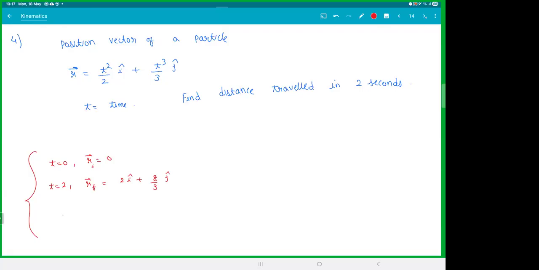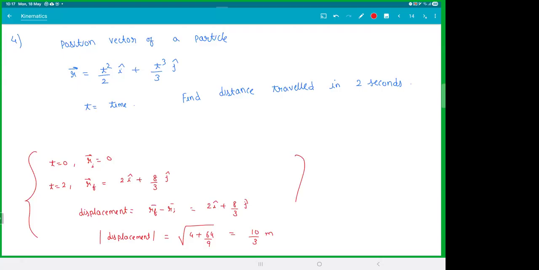So what you guys are doing is displacement, which is R final minus R initial, which is 2i plus 8 by 3 j. And you're finding the magnitude of this. Magnitude of displacement is root over 2 square, that is 4 plus 64 by 9. That's 36 over 9, and that's 10 by 3 meters.